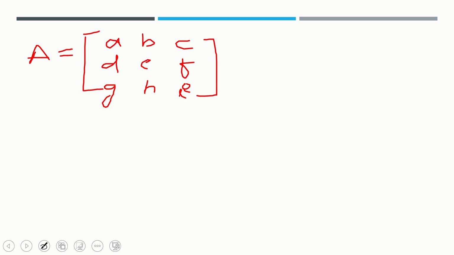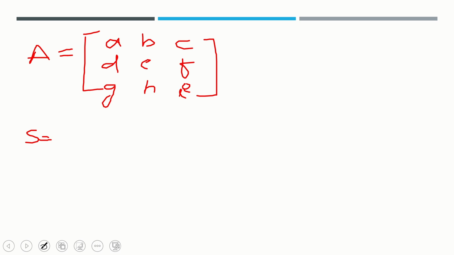Just like in the determinant, the signs are important, similarly in calculating the S factor the signs are also important.